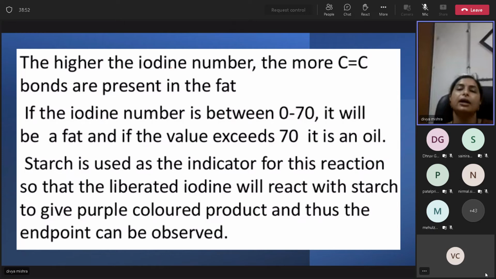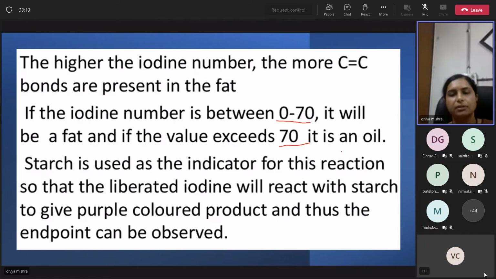The higher the iodine number, the higher the degree of unsaturation, meaning more C=C double bonds are present in the fat. If the iodine number is between 0 and 70, we can say it belongs to a fat sample. If it exceeds 70, it is an oil.